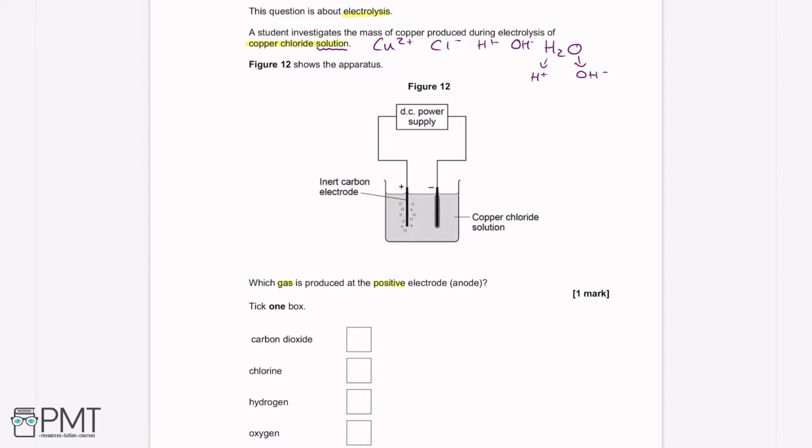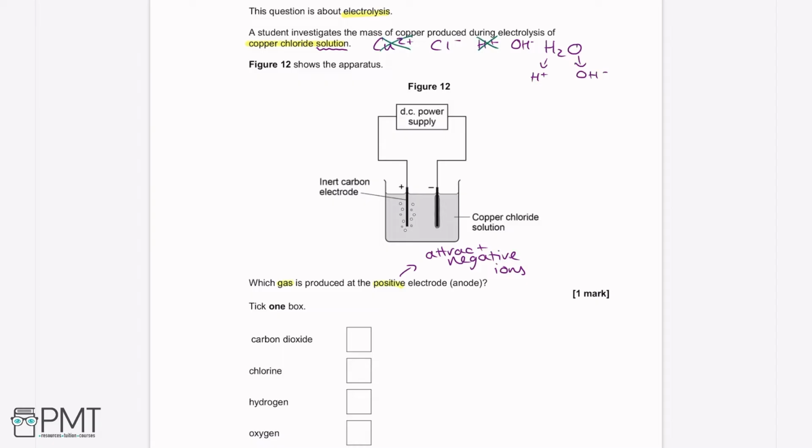So if we're thinking about the positive electrode, well, the positive electrode is going to attract negative ions. So straight away, we can rule out the copper and the hydrogen ions.